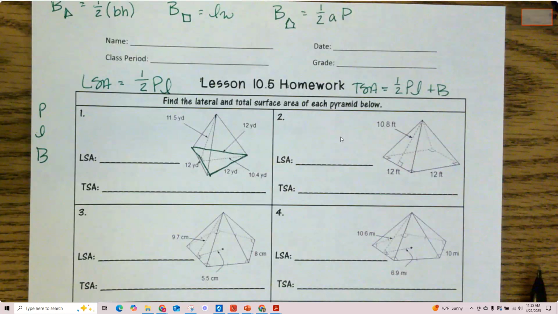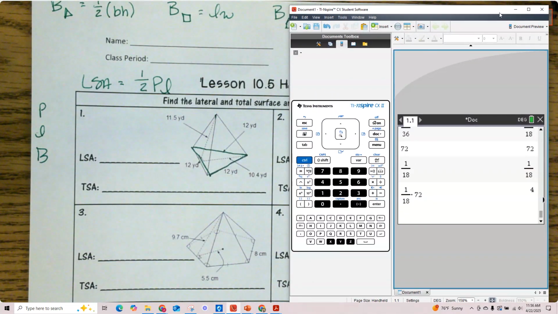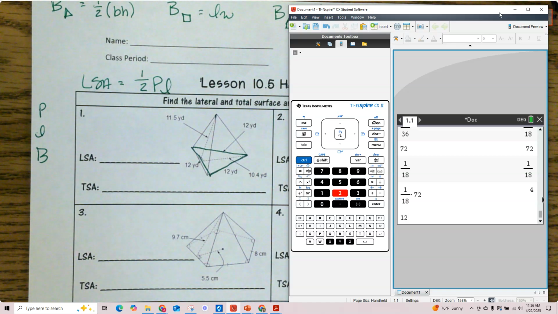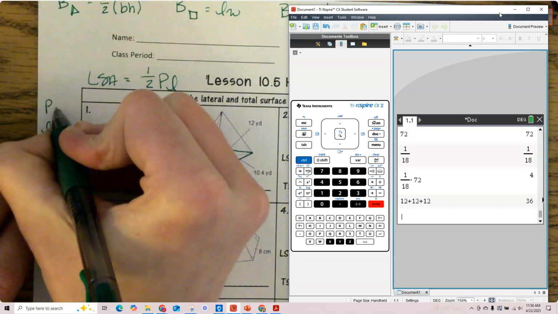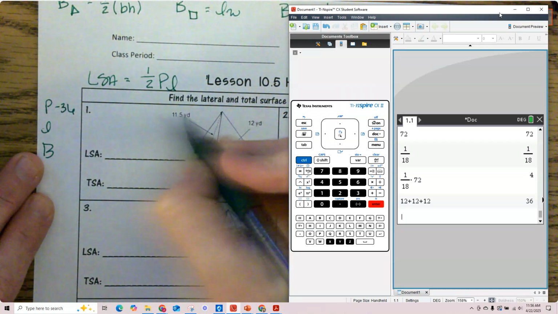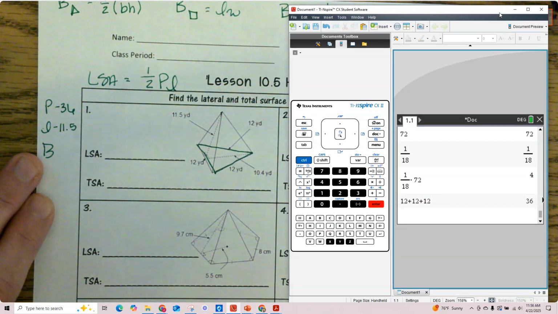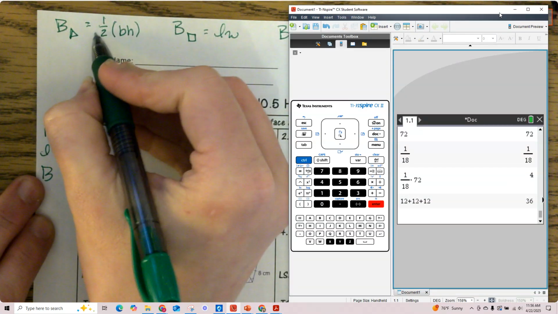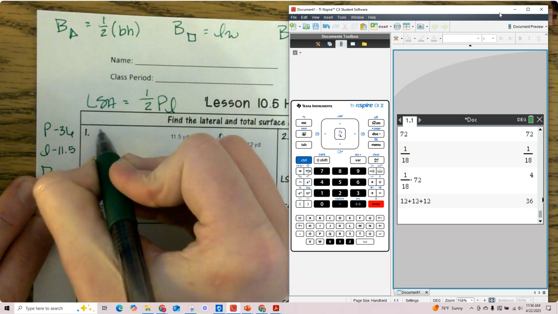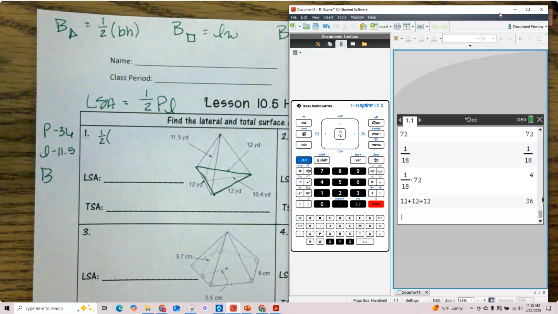So if I want to do the perimeter of that one, let's see, our sides are 12, 12, and 12. They're all 12. So my perimeter here is 36. My slant height is 11.5. And then big B. So we're going to use this one. It's going to be 1/2. Okay, base and height.